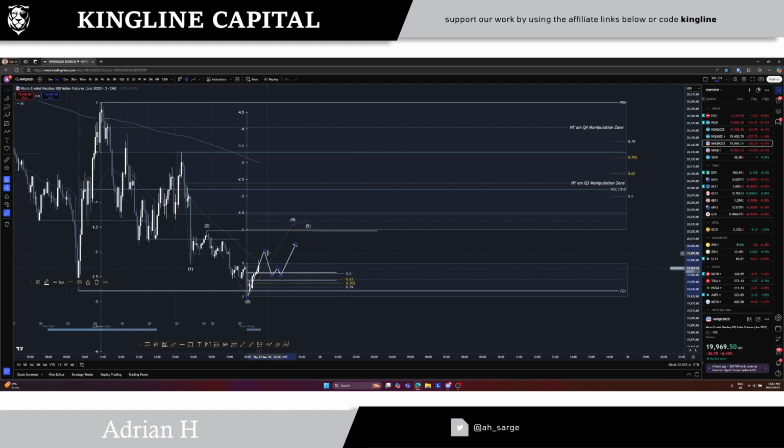Whereas if we wait and we let it come back up into here and possibly into London, and we can see how high it can get. London quarter 3 or 4 is over here.